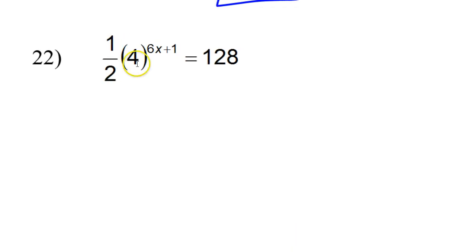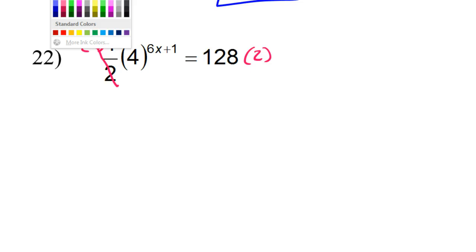Okay, we need to get this base and power by itself. So we need to get rid of this 1/2. The easiest way to get rid of this 1/2 would be to multiply both sides by 2. So if I multiply by 2 on the left and the right, that way these 2's will cancel each other out.